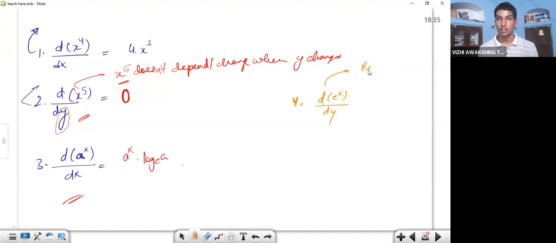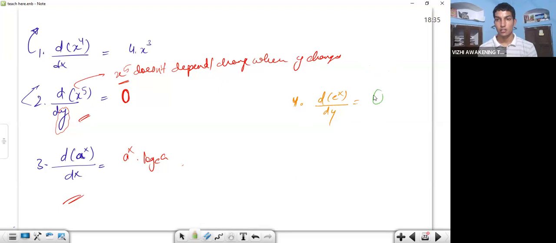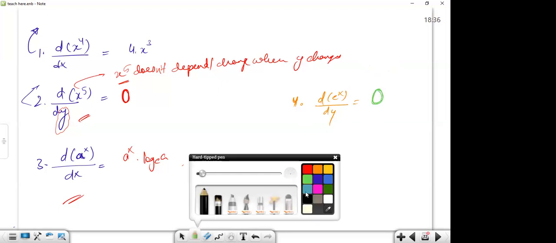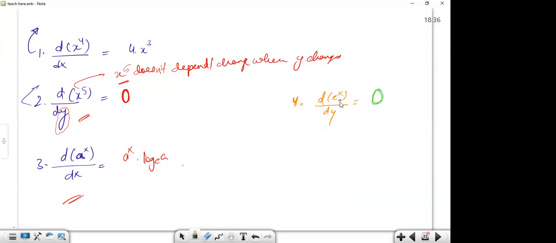Anyways, can you tell this? Can you tell the answer, Nandana? Sir, it's 0. Why 0? Because it's with respect to y and we have x in the power of e.